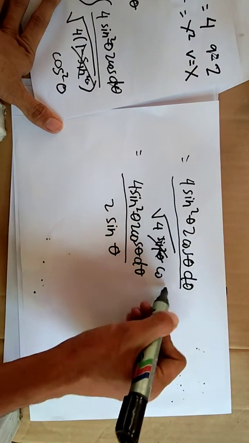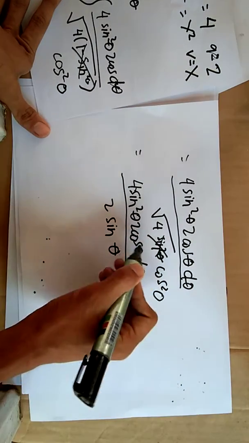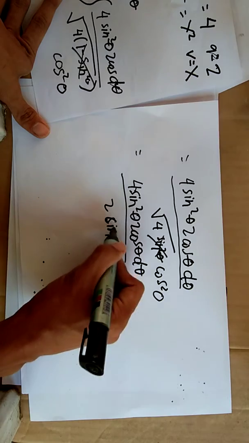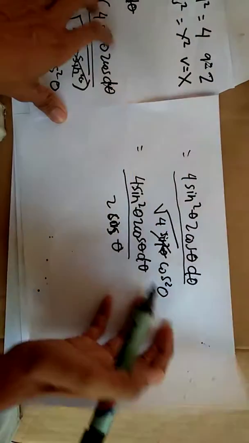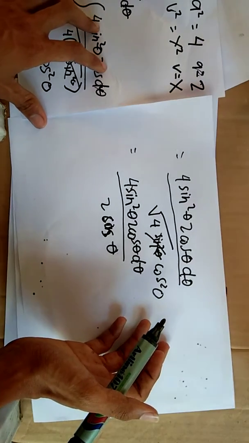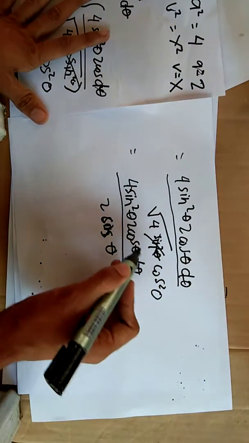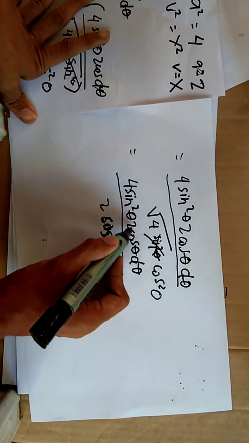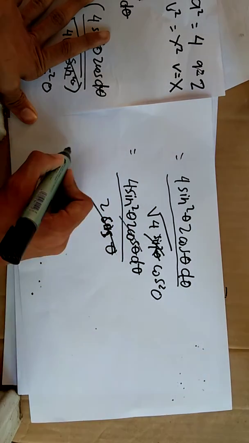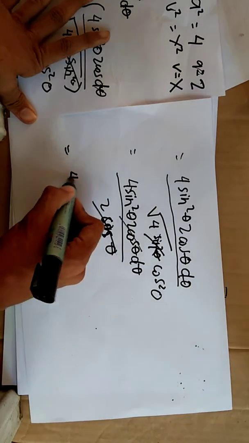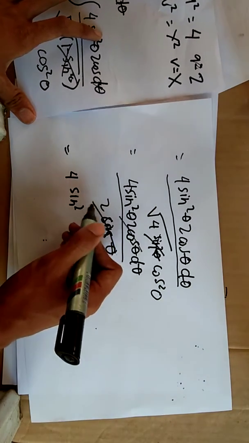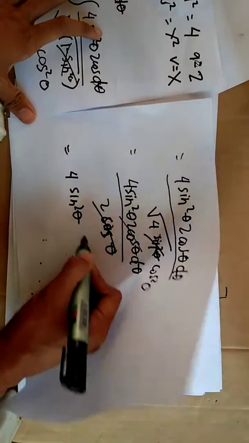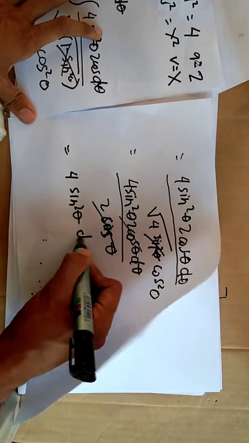This must be cosine squared theta. So our denominator will be 2 cos theta. Since we have the same term, we will just cancel 2 cos theta. So the remaining equation will be 4 sine squared theta d theta.